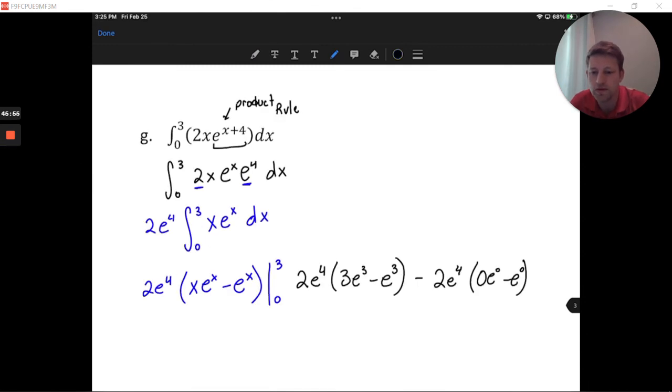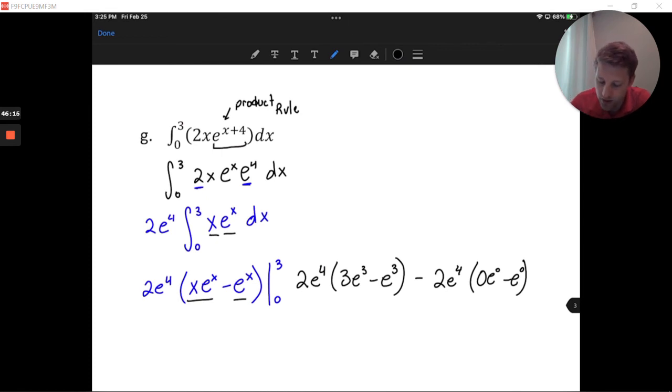So if you end up using the result from the first problem that we worked through in class, we can see that the integral of x e to the x was given as x e to the x minus e to the x. So I'm using that result, and we're going to consider, again, evaluating this from 0 to 3.